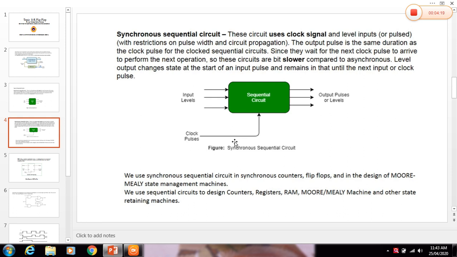But these are comparatively slower than asynchronous sequential circuits, as we have to wait for a clock pulse every time.